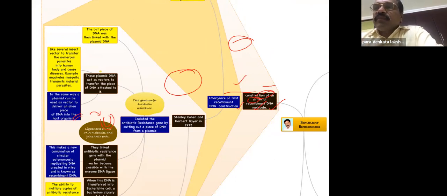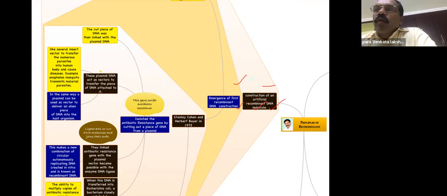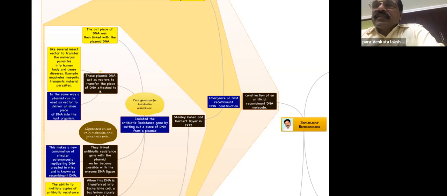What about the work of Boyer and also Stanley Cohen? See, construction of artificial recombinant DNA molecule. How did this first thing come into existence? You see here, emergence of first recombinant DNA construction.